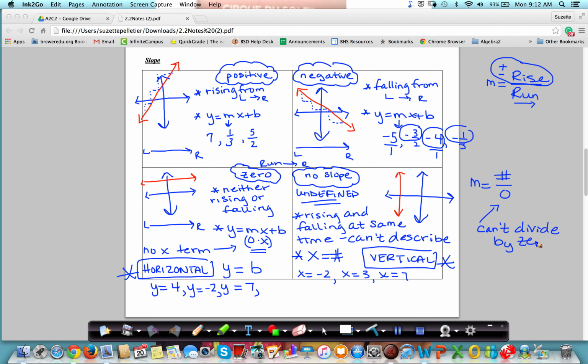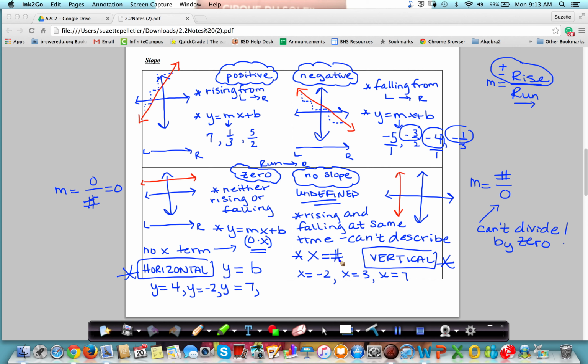That's how you know that your answer is undefined, okay? Over here, you're going to get 0 divided by some number, and the answer to that is always 0. So this is just going to be a 0 slope. So that's the difference between the two, okay?